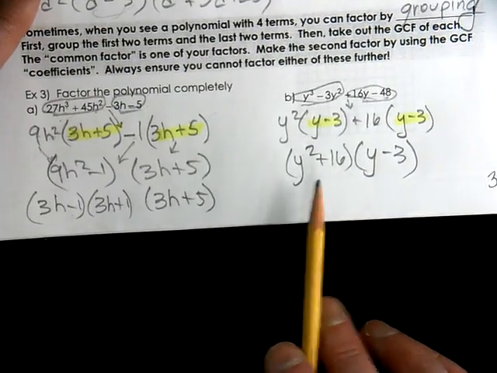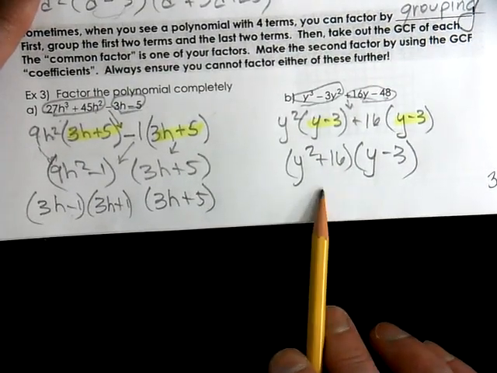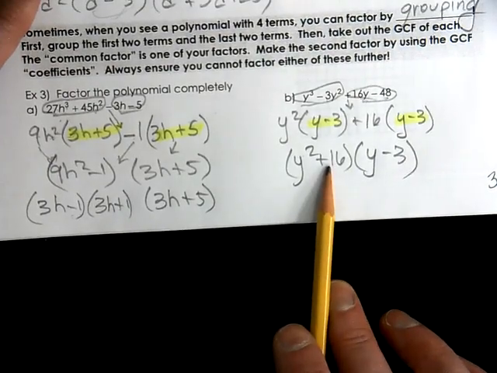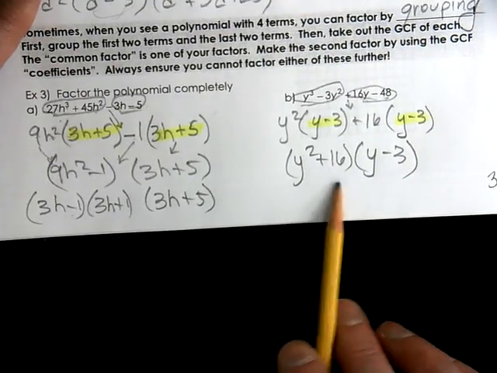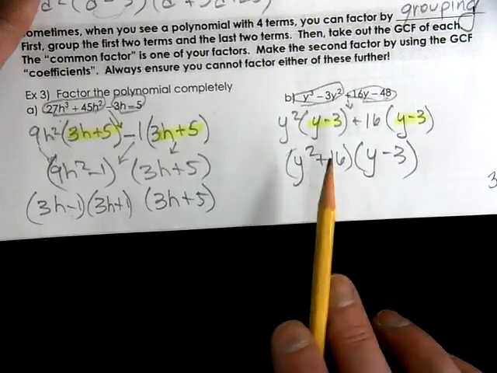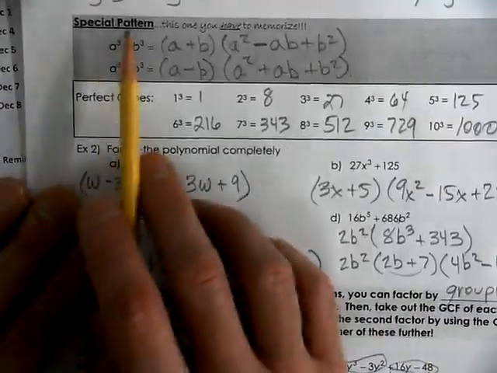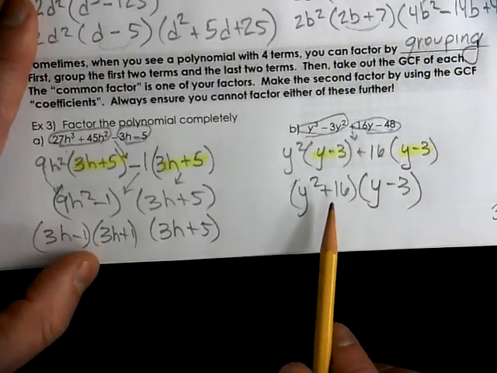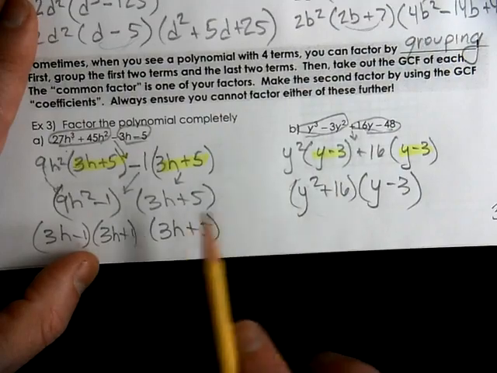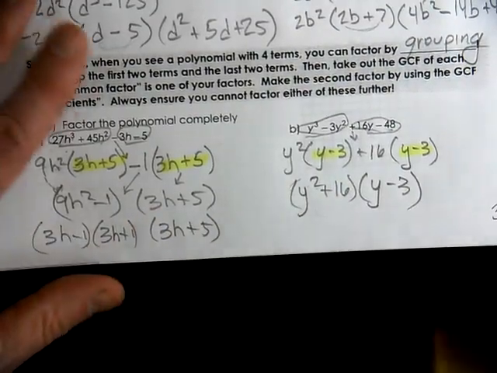Because if you used y plus 4 and y plus 4, that would give you 8 in the middle. So you cannot factor the sum of two squares. You can work with the sum and difference of two cubes, but you cannot work the sum and difference of two squares. Only the difference can be factored, not the sum.